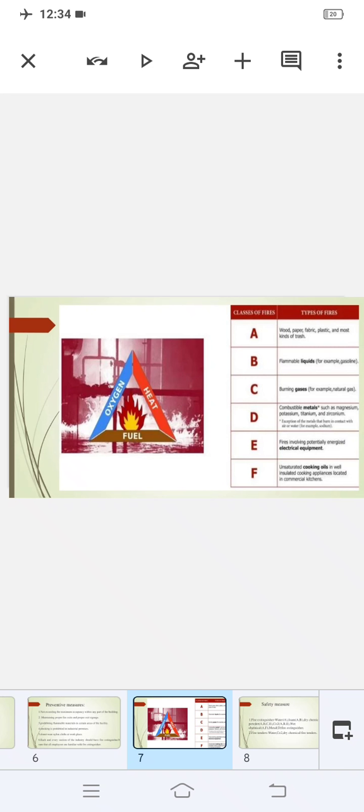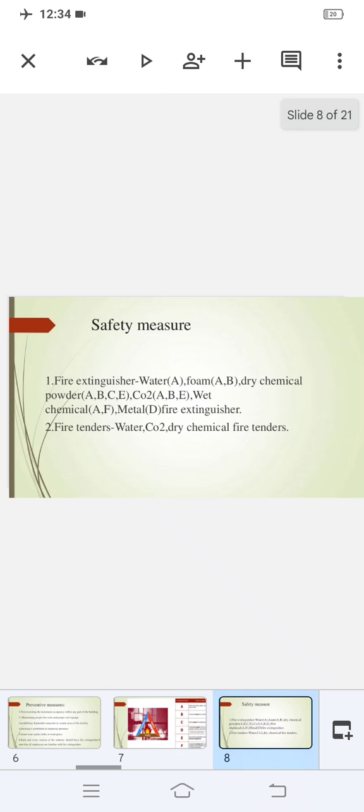The fire which originates due to the presence of cooking oil in the cooking appliances is classified as class F fire. So these were all the types of fires which we have studied just now.